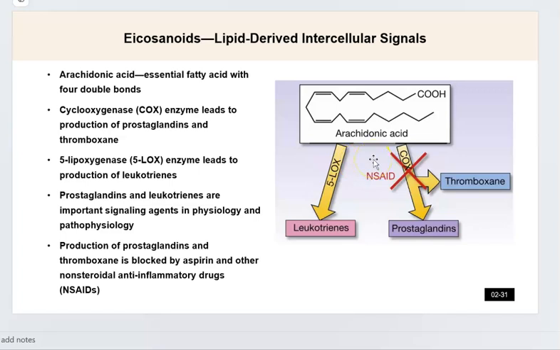It's actually from the Greek word for 20. Eicosanoids are involved in the physiologic processes for inflammation, control of blood flow and pressure, and reproductive functions. So understanding their structure and their synthesis led to the development of our NSAIDs. Specifically, the drugs that can inhibit the cyclooxygenase enzymes, which catalyze an early step in the conversion of arachidonate to prostaglandins and thromboxane.